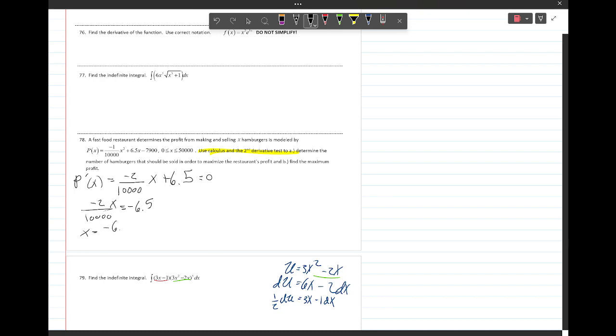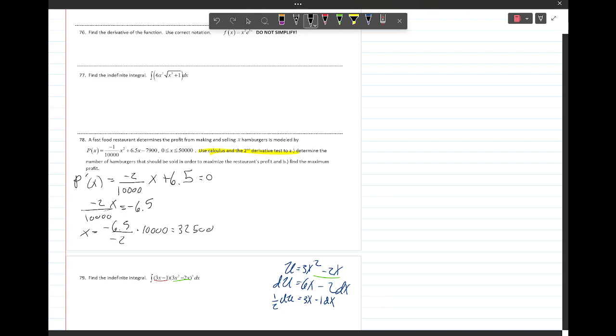Set it equal to zero, and you can just plug this into your calculator to get 32,500.